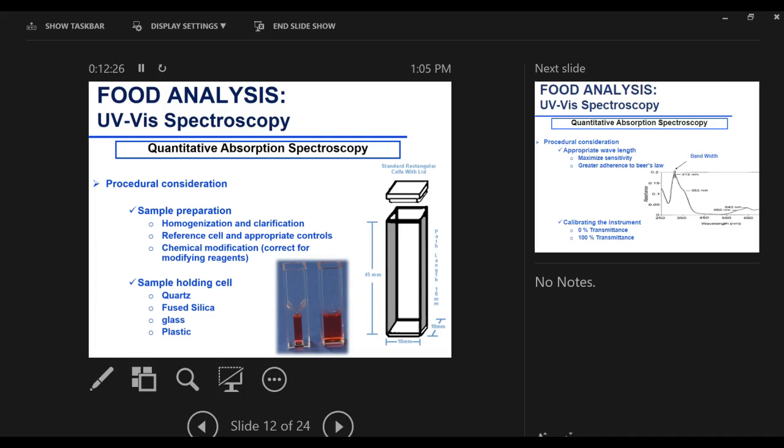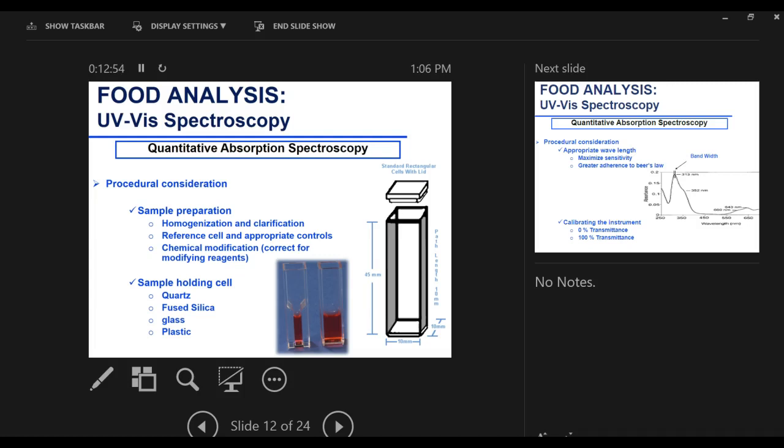Reference cell and appropriate control. Some spectrophotometers have a reference cell where you have your blank in it, and the light is split into the reference cell and your sample cell, and at the end gives you an absorption that is already corrected. Some spectrophotometers don't have that. You have to manually put your blank in and measure it, and either zero or subtract later on. It's important to do that multiple times.